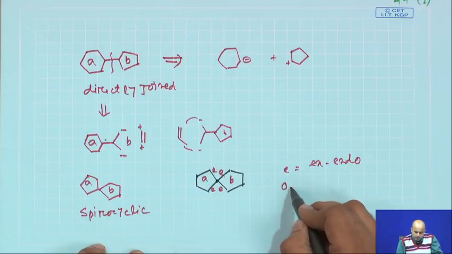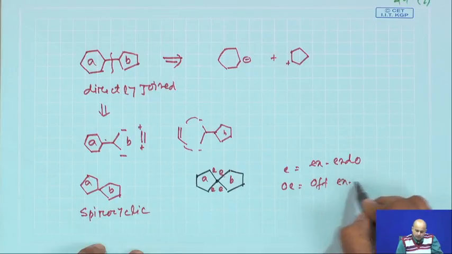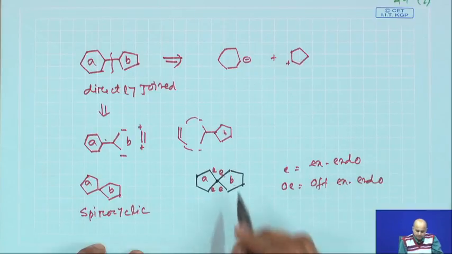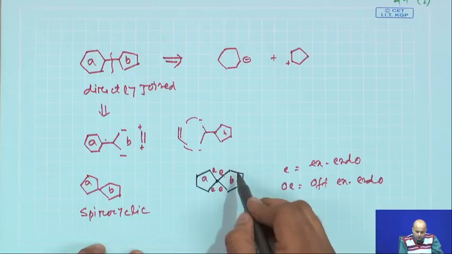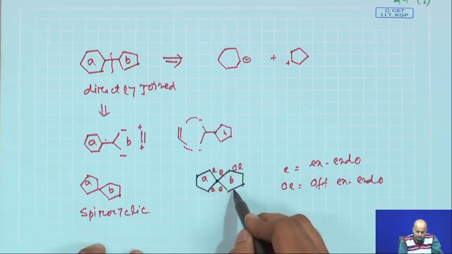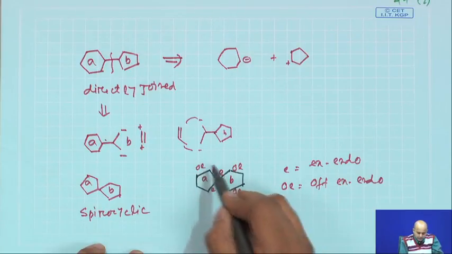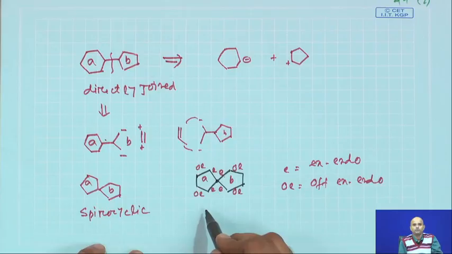There is another terminology named OE, or off exendo. Off exendo means the bonds which have been generated from the exendo bonds. So these are the off exendo bonds.